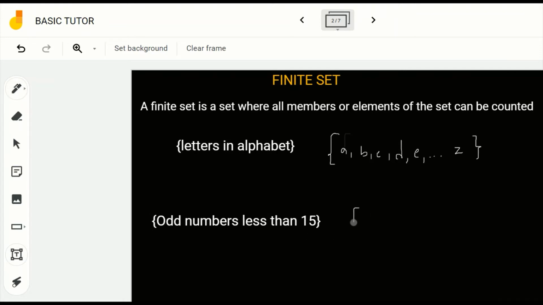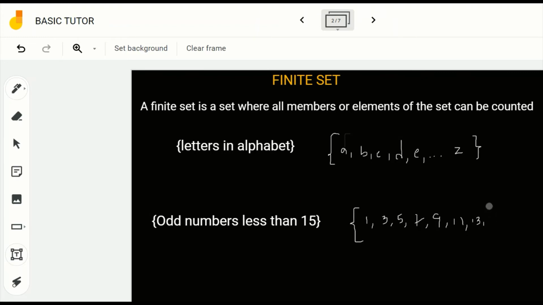the odd numbers less than 15, we have 1, we have 3, we have 5, we have 7, we have 9, we have 11, we have 13, and that is it.